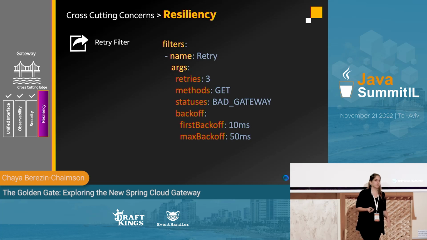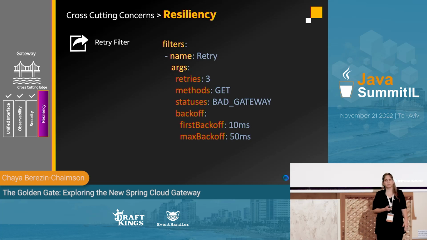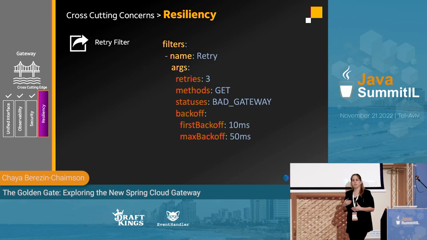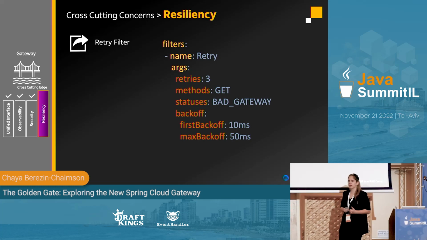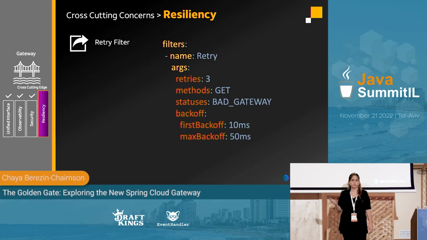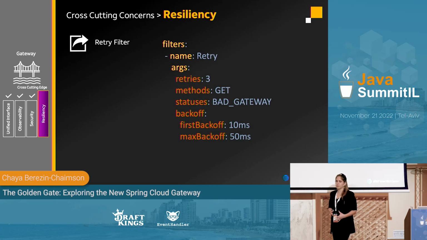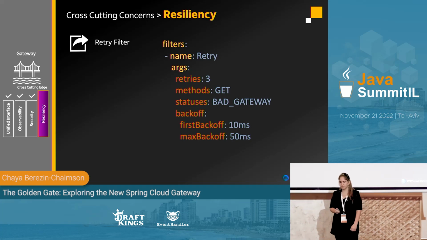And we can even go on and define the backoff policy of this retry, which simply means how much time the gateway will wait between one try and the other. So very useful. With just a few lines of configuration, we have the first step of resiliency in place.